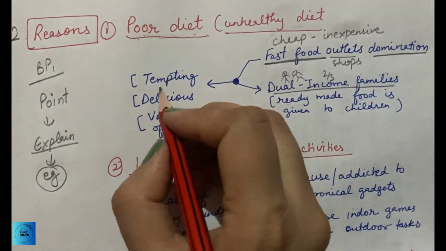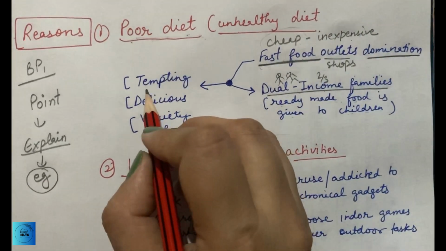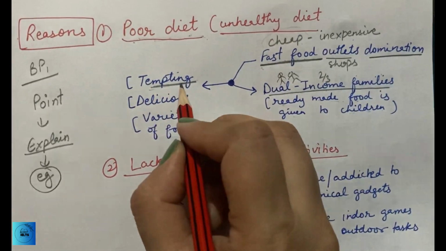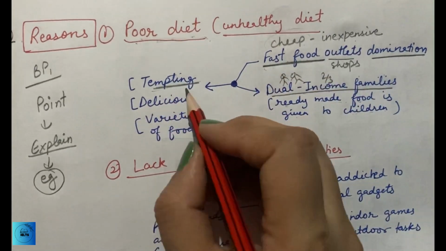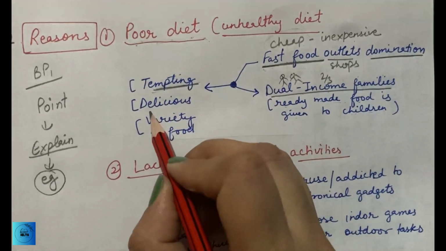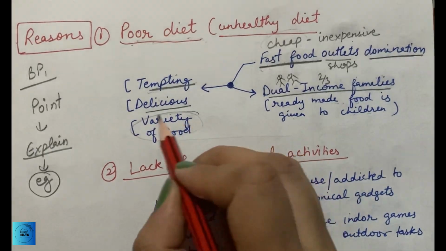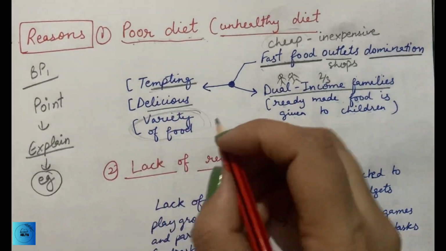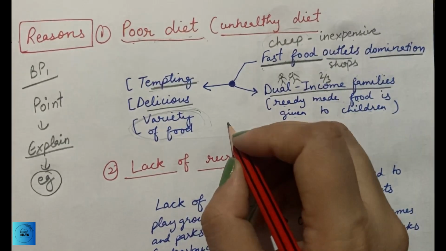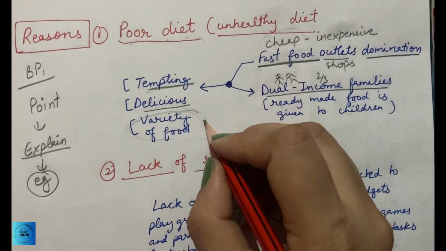Another reason can be that we prefer to eat things like fries and pizzas, because these are tempting. Tempting means attractive, so we can use the word attractive, but this is very common, so instead we can use the word tempting. Also it is delicious and there is a variety of food. So even if people prefer homemade food like vegetables and chapatis, they get bored of those few options.